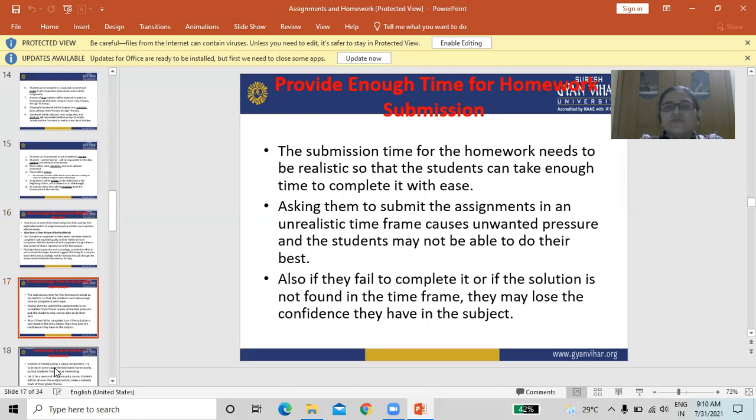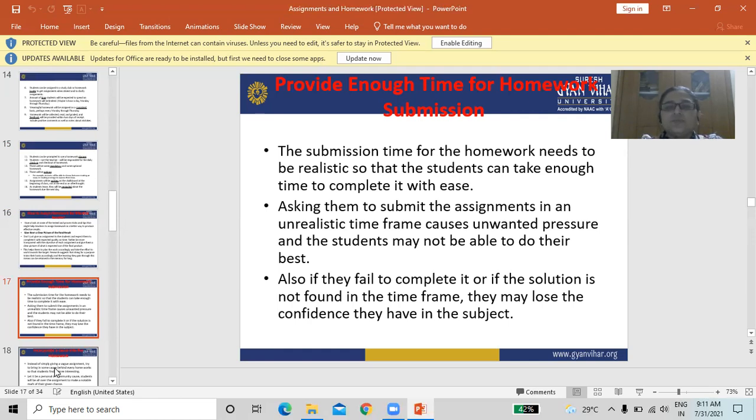Provide enough time for homework submission. The submission time for the homework needs to be realistic so that the student can take enough time to complete it with ease.